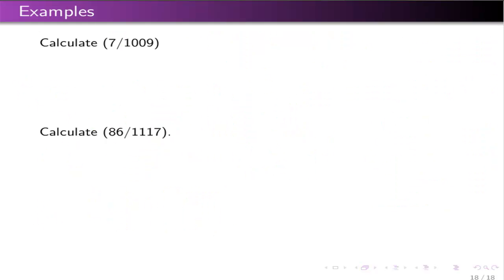So as an example, let's just calculate a couple Legendre symbols. So 7 over 1009. So 1009 is a prime that's congruent to 1 mod 8.